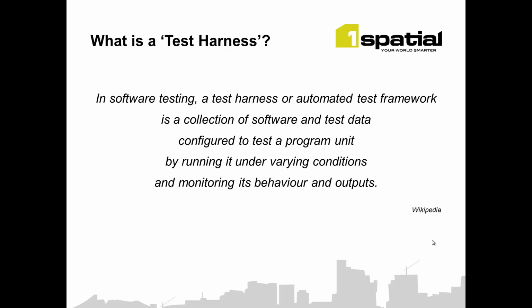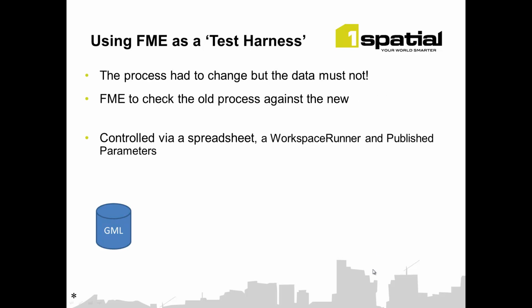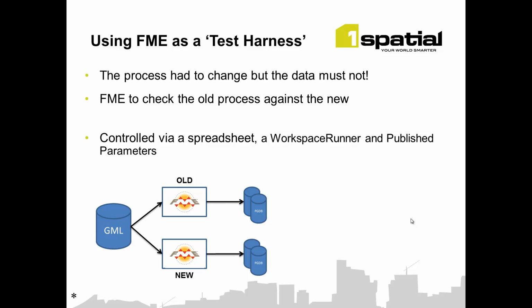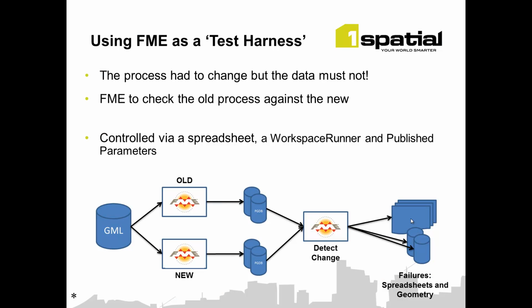So effectively what we did was to take examples of the features that we were processing and build an archive of them, read those through the old process and produce the output that we needed in Personal Geodatabase, read those same features through the new revised workspace and create some output features, and then use FME to analyze those processes and identify if there were any differences between those results from each workspace.